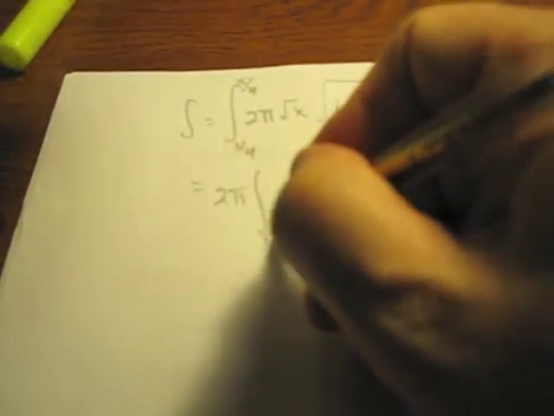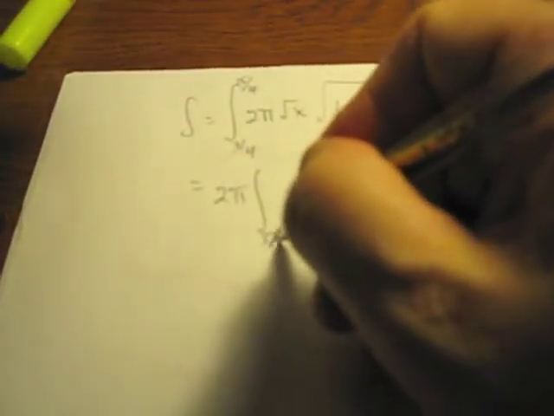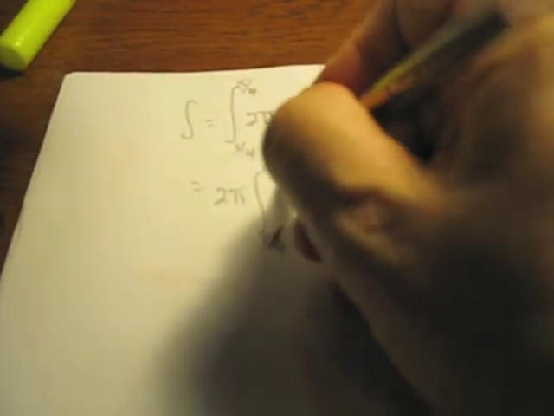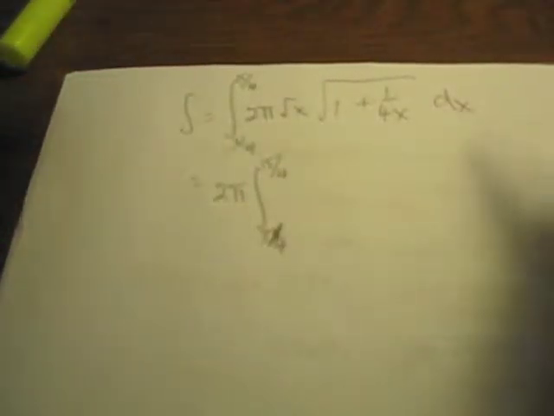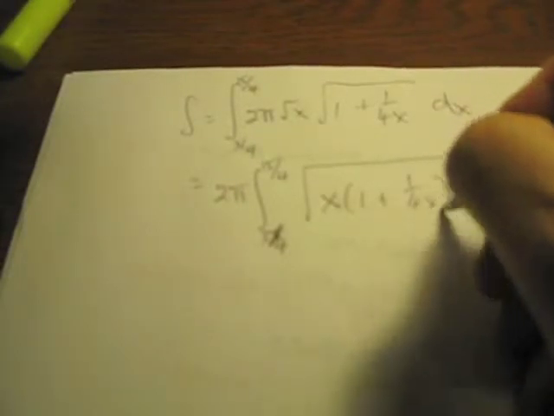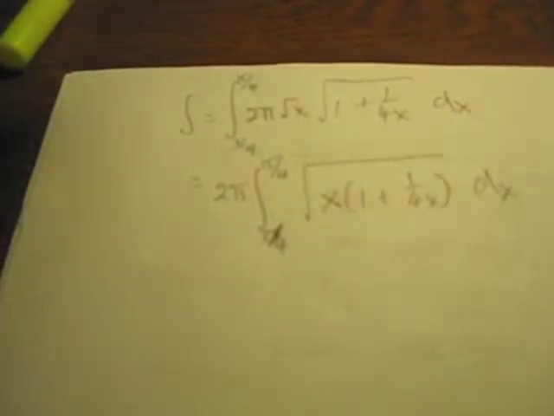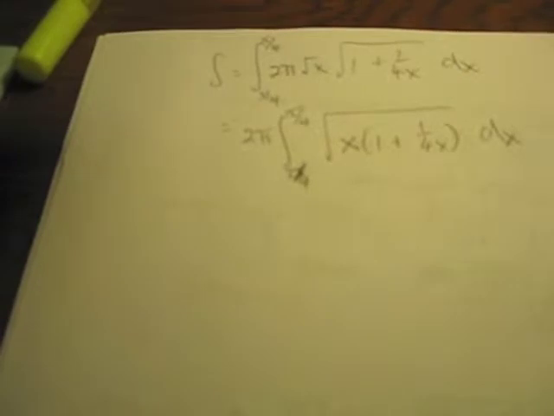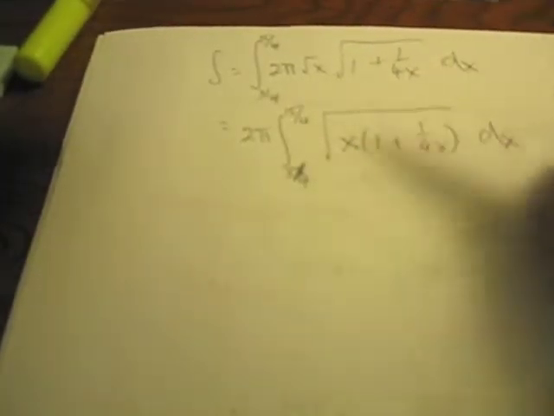So this will become, let's pull the 2 pi out, so this will be 3/4, 15/4 here. Now what we can do is we could put everything into the square root, so we could have x in here by 1 plus 1 on 4x dx. Okay, by bringing the square root of x inside this square root sign.